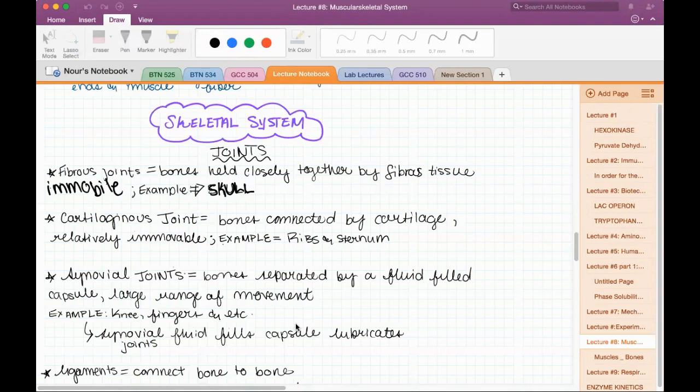An example of this is, when I was in my first year in undergrad, I fell down the stairs and hit my knee really badly, and I could feel that there was fluid that had gotten out and inflamed my knee, so I couldn't move for a while.